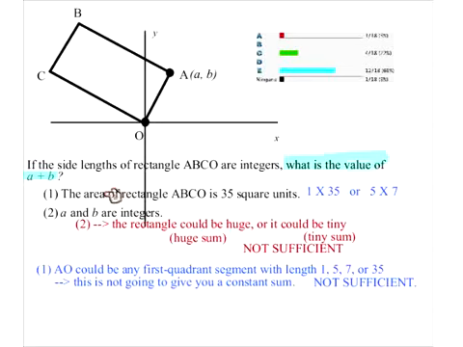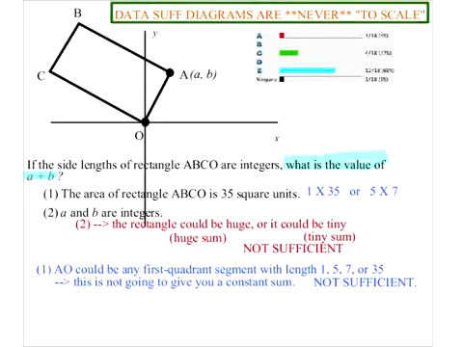Okay, AutoCheck says it's not safe to say BA is greater than OA. Actually, it's not. This is a good point to make in general about diagrams. Data sufficiency diagrams are never to scale, because they can't be. Scale versus not-to-scale is a problem-solving issue, not a data sufficiency issue.